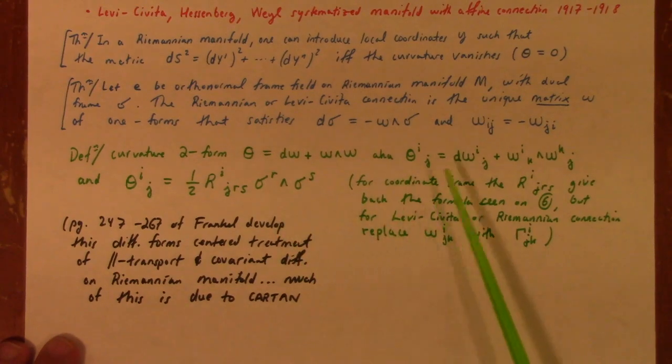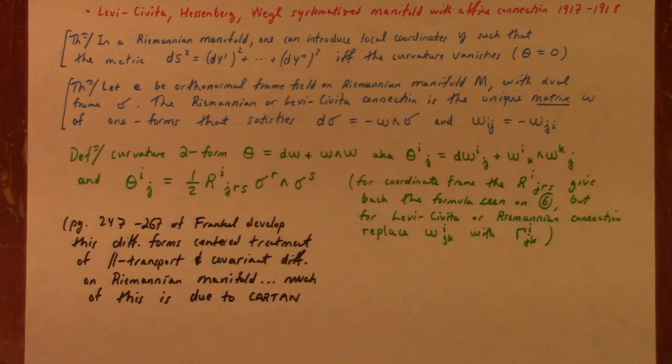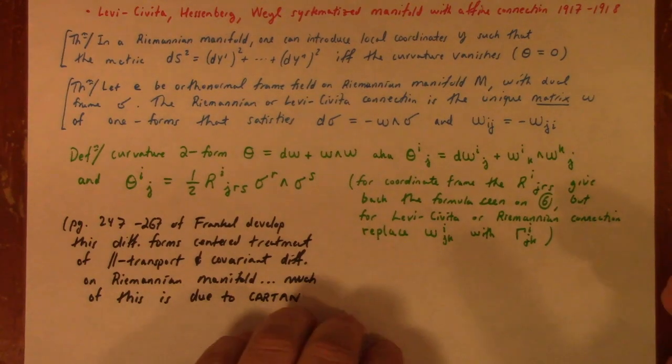Now, I'm not going to get into all that, except just to tell you, hey, it's here, and to mention that pages 247 to 267 of Frankel develop this differential forms centered treatment, and alongside it, parallel transport, covariant differentiation, the whole deal. I'm pretty sure this is all due to Cartan, and we've seen the 2-dimensional version of that in our differential geometry course because that's kind of the whole point of the book by O'Neill, right? But there is a 4-dimensional version of it, and it is in Frankel if you want to look at it. And it may also well be in an appendix of Carrol. I'm still coming to terms with the appendices in Carrol, so stick with me here.